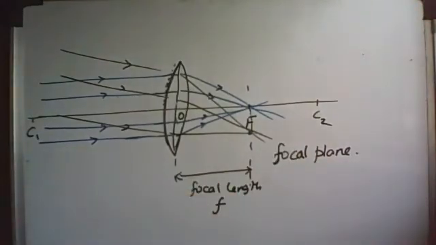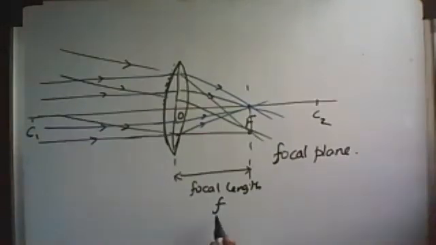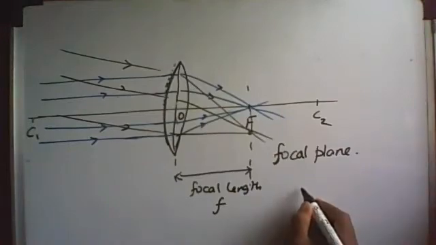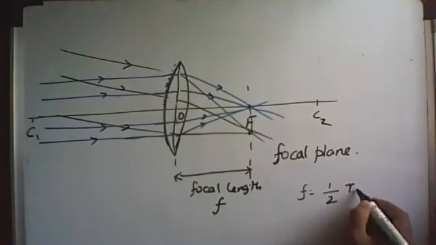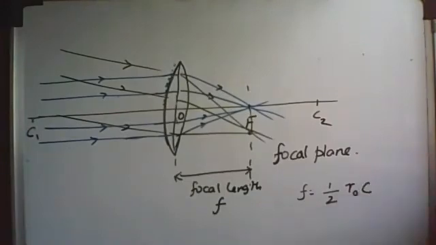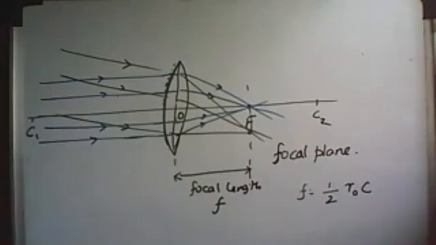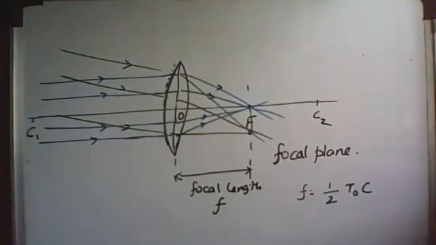All right. So we also figured out the property that the focal length f is going to be half the radius of curvature. This can be proven geometrically very easily, and we'll do that a little later when we look at the image formation using the construction rays.